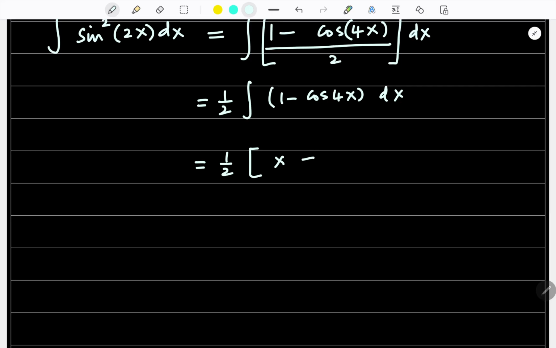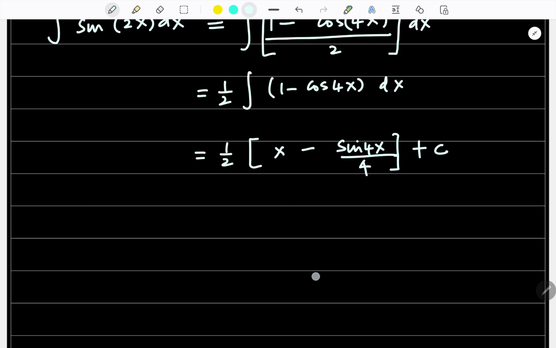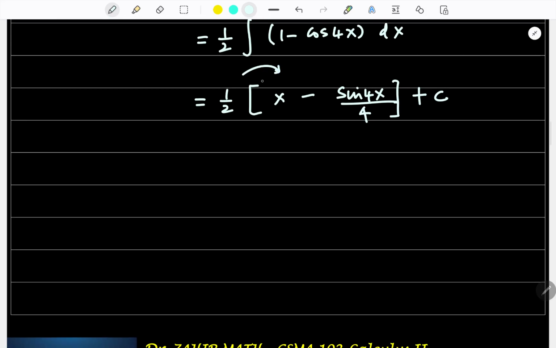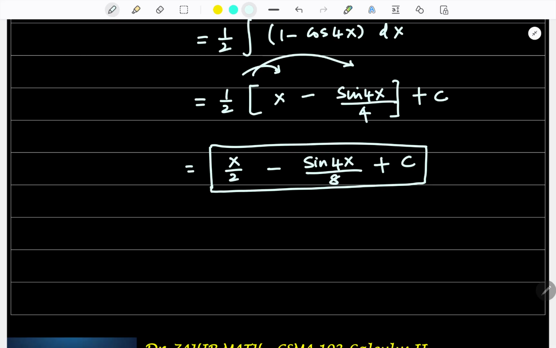What is the integration of cos4x? sin4x over 4, plus the integrating constant c. So take this half inside: x by 2 minus sin4x divided by 4 times 2, which is going to become 8, plus the integrating constant c. Don't multiply 1 by 2 with the constant c, because half c is also going to become c.